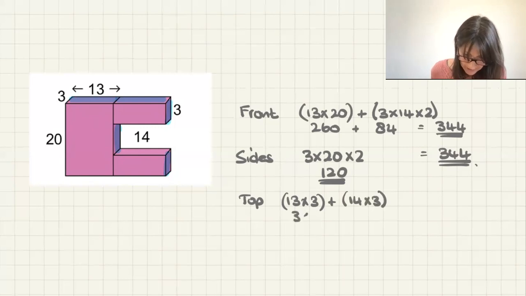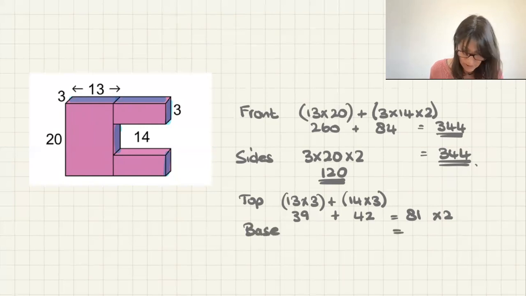So that is 39, and 14 times 3 is 42. And then, of course, I'm going to be doubling that. So I'll add those together. 39 plus 42 is 81, times that by 2, and I've got my base as well. So I've got a total of 162 going on there.